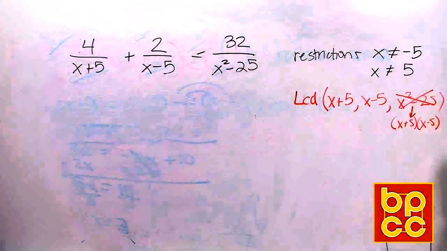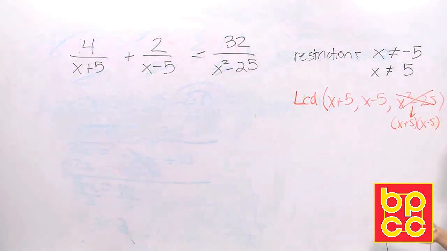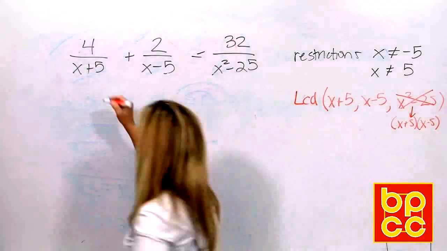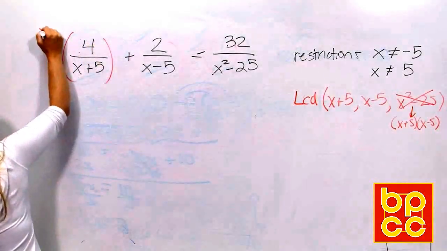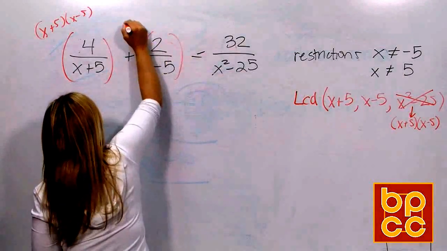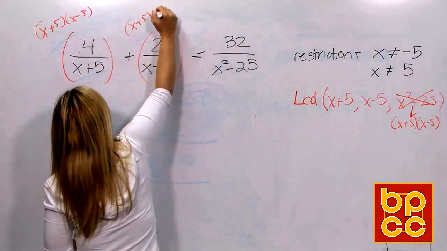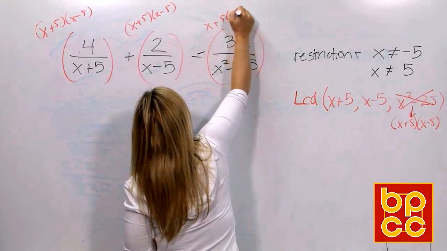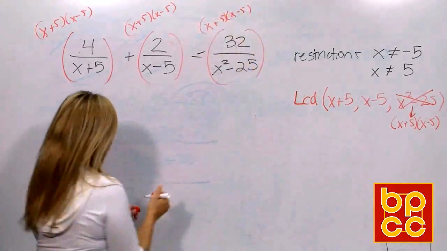This term breaks down, and that's important. So you're going to need your factoring skills to help you get the LCD. So the LCD is going to be, you need an x plus 5 and an x minus 5.